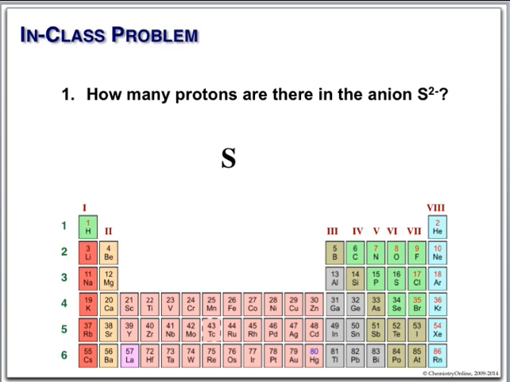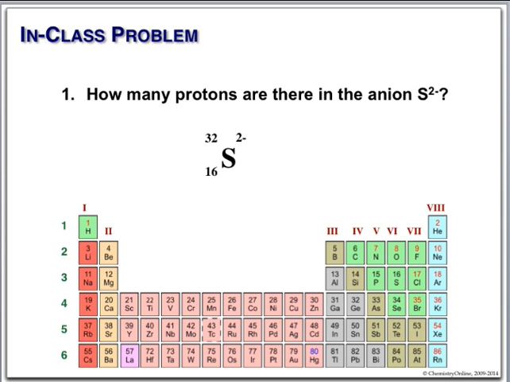We would write the atomic number as our subscript, right? This one doesn't have mass, but over here, if you look at sulfur, it would be 32 for a mass number. And we said that this is a dianion. So that's what our atomic symbol would look like.